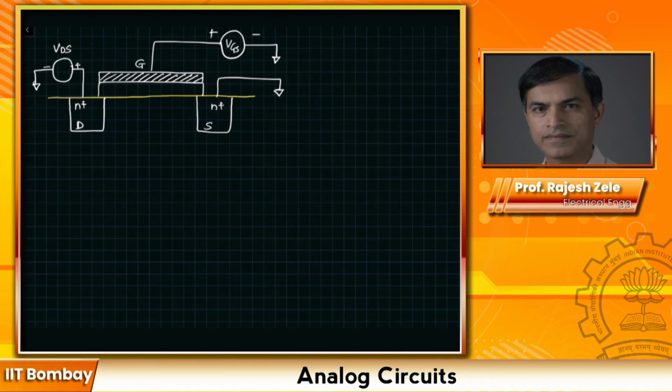If you remember the expression for the channel charge, QD as a function of x, it is given by the width of the device, times oxide capacitance Cox, times VGS minus Vx minus VTH. So when we are looking at the source region, close to the source right here, the channel charge is going to be VGS minus VT times W Cox.